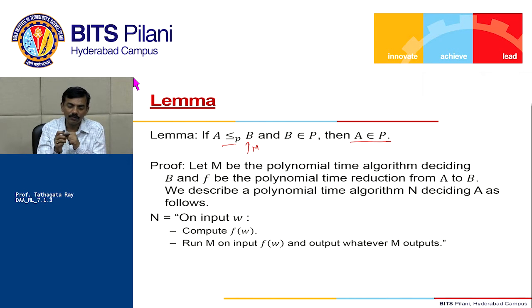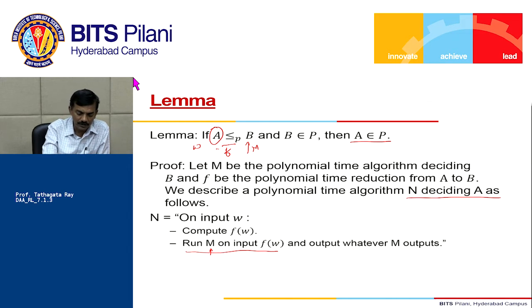Recall, we are trying to find an algorithm for the language A. So first you take an input W. Since I have this polynomial time function f, I just use it to compute f(w). f(w) belongs to B, but B is in polynomial time, so B belongs to P, which means I can run M, the polynomial time algorithm for B, on this input f(w) and output whatever M outputs.